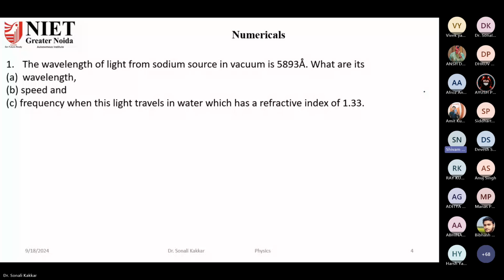And wavelength is 4431 angstrom. And wavelength 443 nanometer.